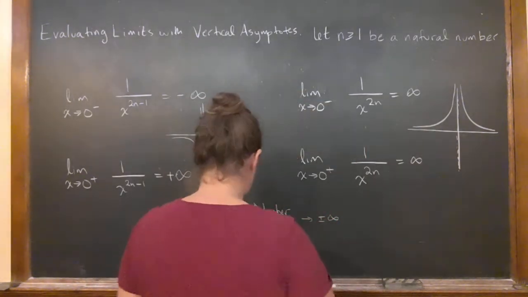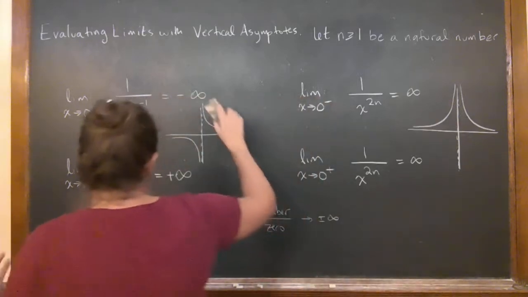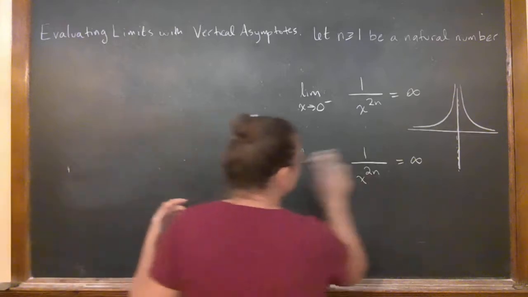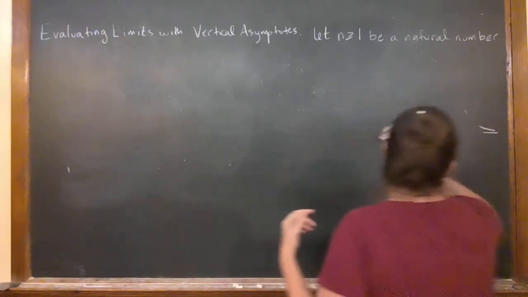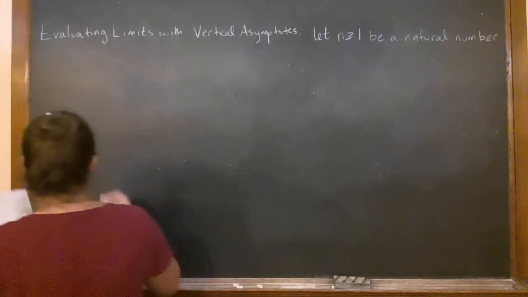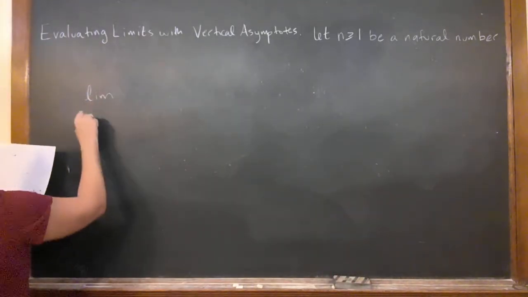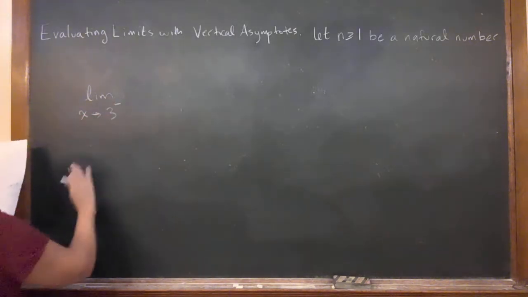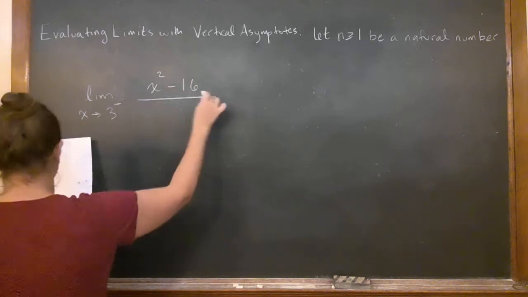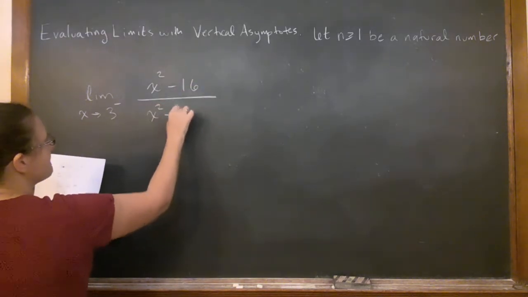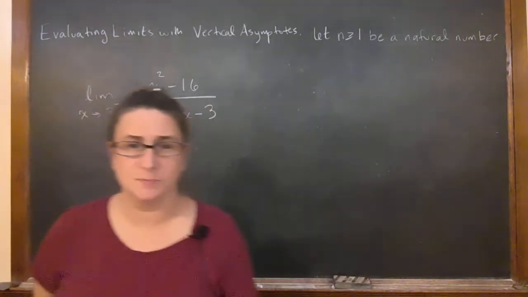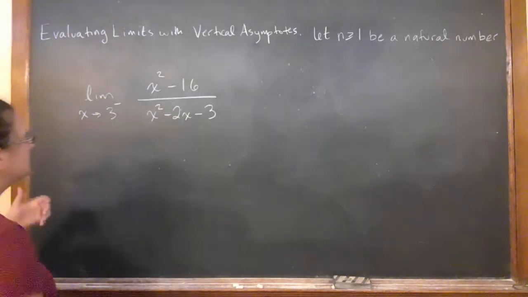So what does this mean to me if I'm going to do a problem? Let me give you an example. What happens here? If I'm asked to find the limit as x goes to 3 from the negative side, something like this, and I go ahead and just plug in 3 the way I've been doing, what do I get?